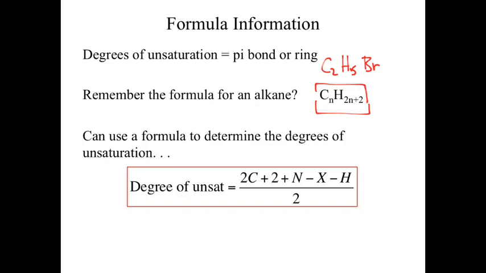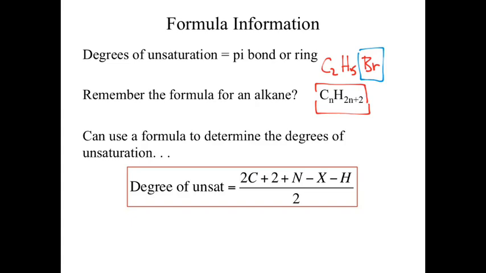To go through and do that, you have to be able to convert your formula over into just carbons and hydrogens, which means you have to know some information about how to interpret heteroatoms, so things like bromine or oxygen or nitrogen.